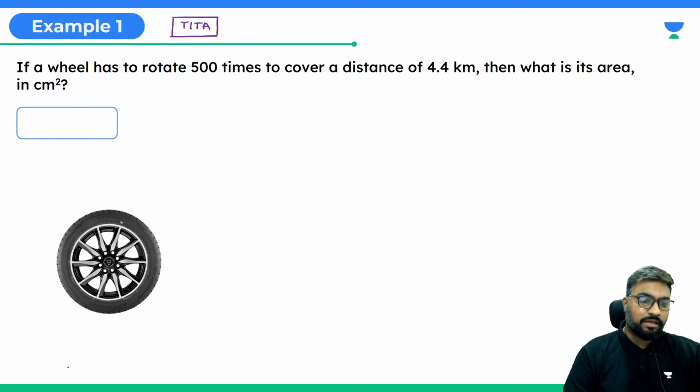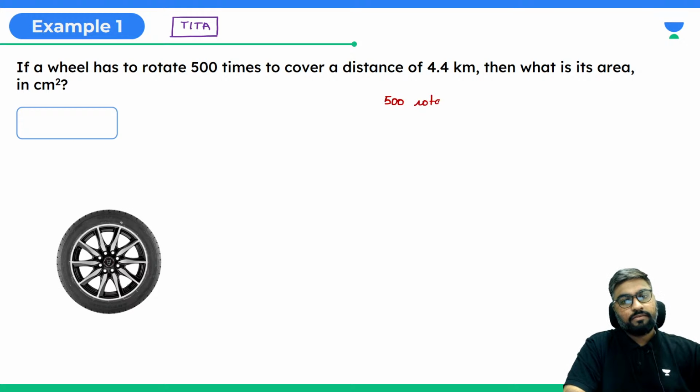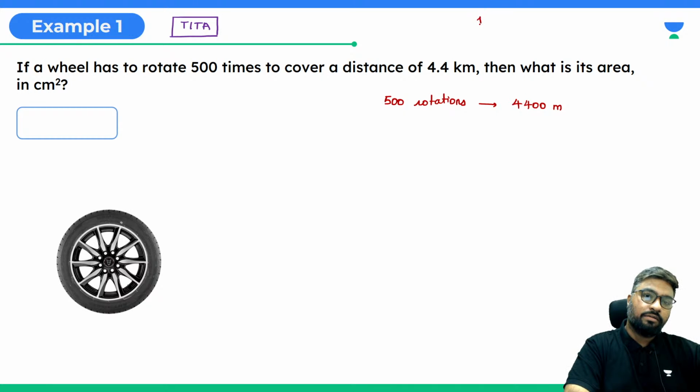So first let's read the question. What is it saying? It's saying that a wheel has to rotate 500 times to cover a distance of 4.4 kilometers. Yes. So 500 rotations gives us what? 4.4 kilometers, which is nothing but 4,400 meters, correct? 1 kilometer is 1000 meters.